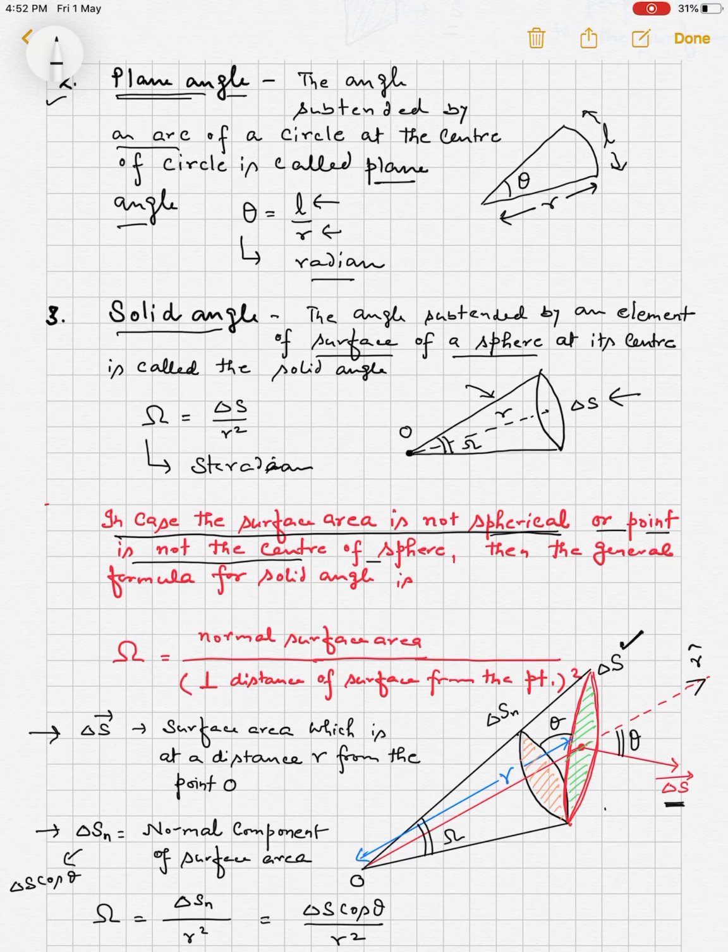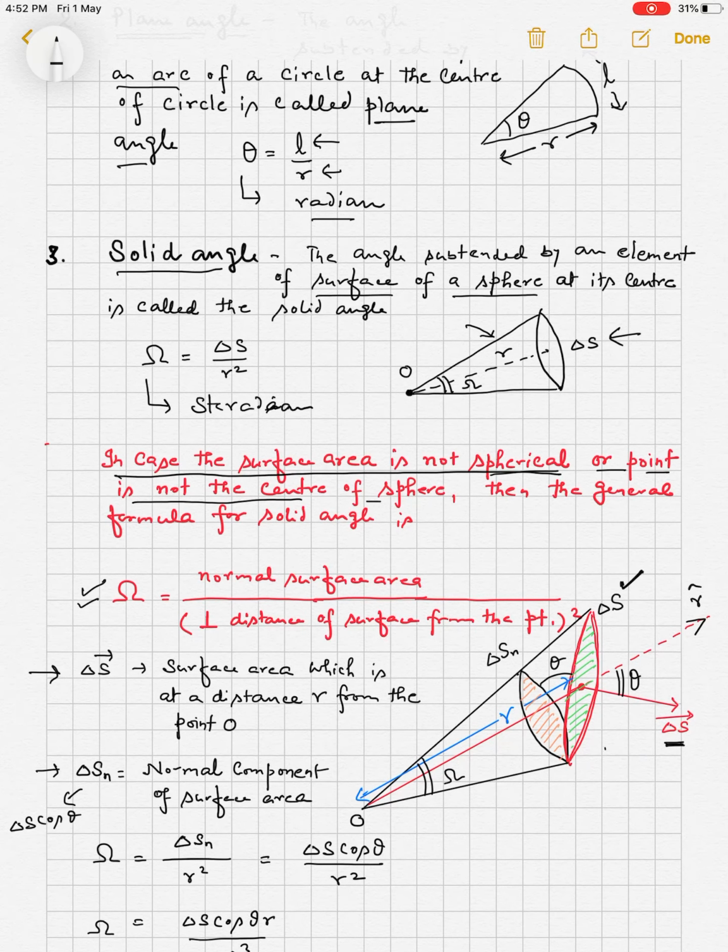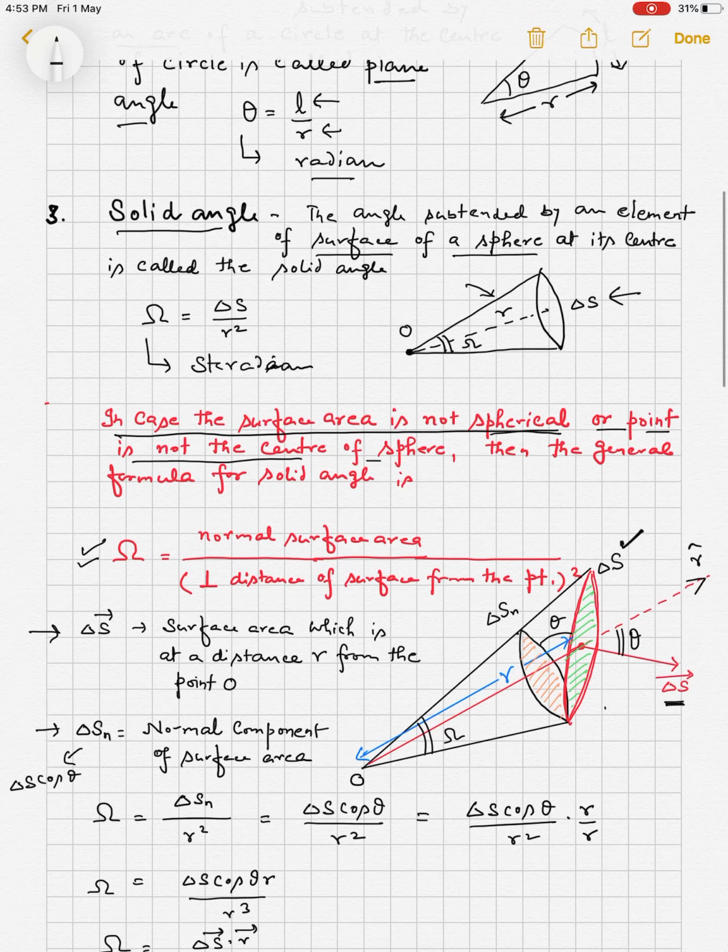So the solid angle, according to the general formula, is the normal surface area, that is delta Sn, upon r square. Delta Sn is delta S cos theta, so omega is delta S cos theta upon r square. Now multiplying numerator and denominator by r, omega equals delta S cos theta times r upon r cube.